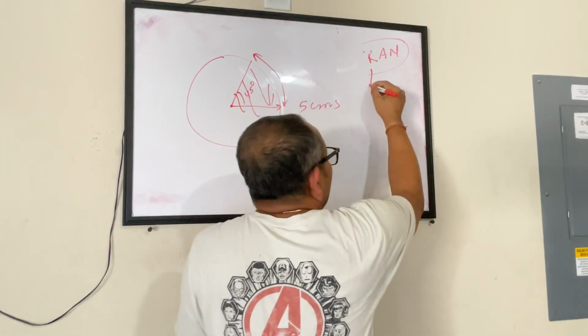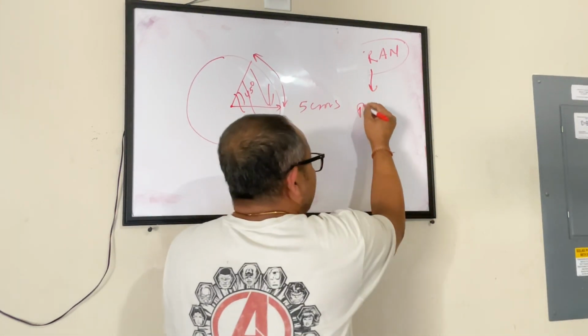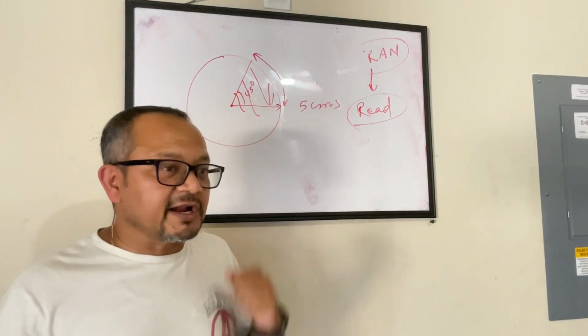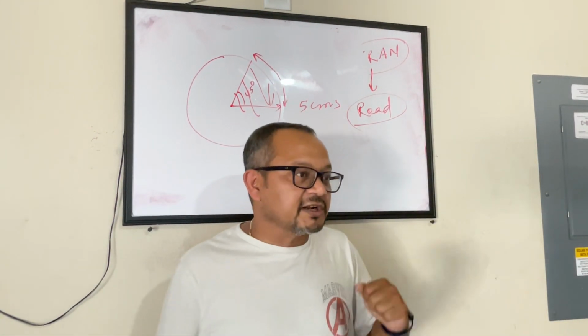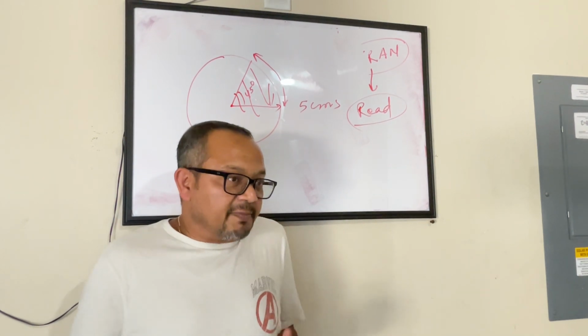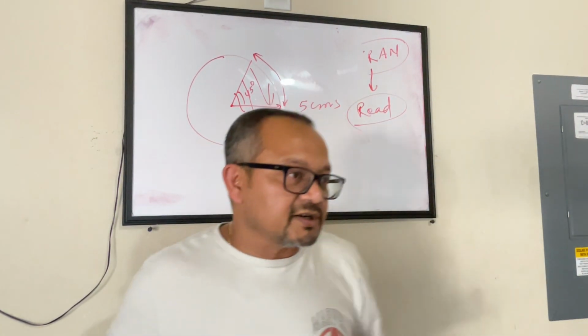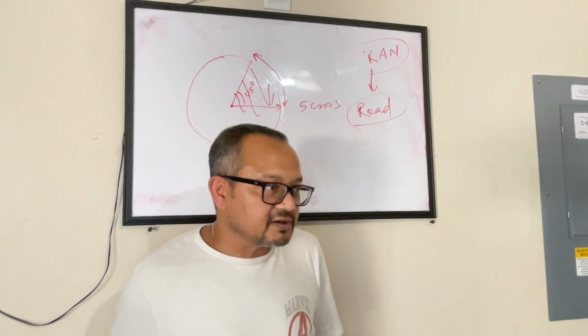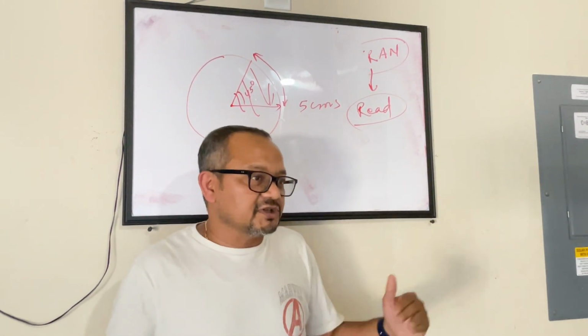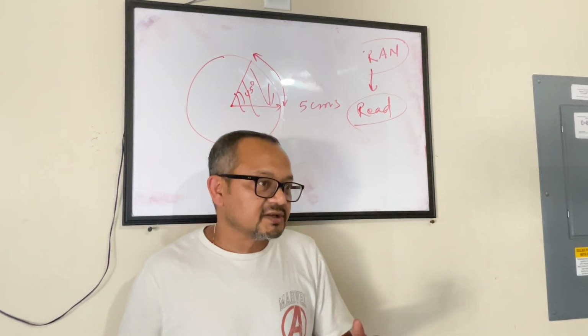Then comes R. R is for read. Read and read enough so that you get tired and bored of the question. When you have a question, what happens usually? We go by the instinct. Pick up the question, let's try solving it. Don't do that. Read the question once, twice, thrice.